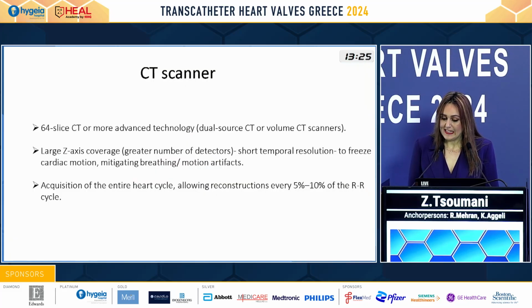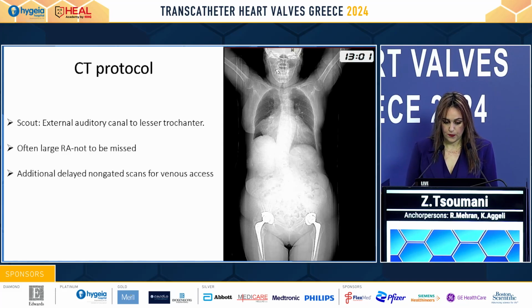To have all this information, we need at least a 64-slice CT, or ideally a more advanced dual-source CT or volume CT scanners that come with a larger Z-axis coverage and a shorter temporal resolution. We scan during the entire heart cycle, so we can have reconstructions every 5 to 10% of the RR cycle.